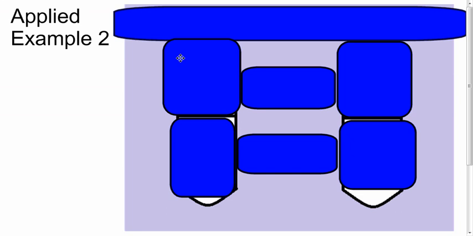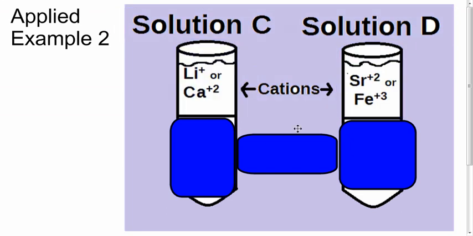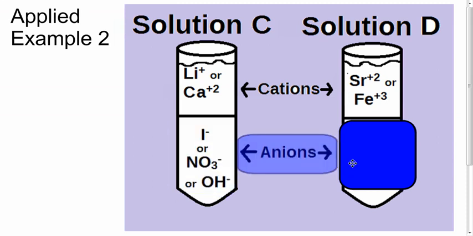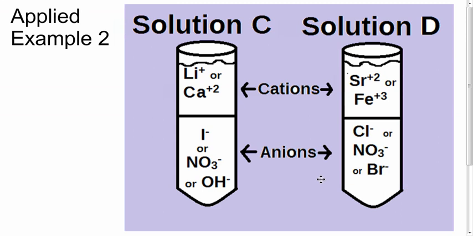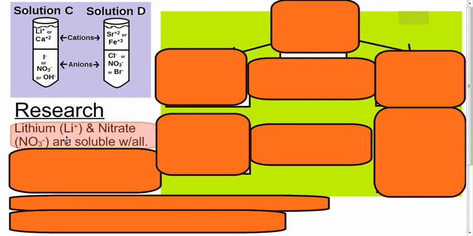Okay, here's another example. Once again, I've got four potential cations, two in each. And this time, I've got three potential anions in each. Now, I'm going to do my research. Lithium is highly soluble, so it always dissolves. So is nitrate with these two.